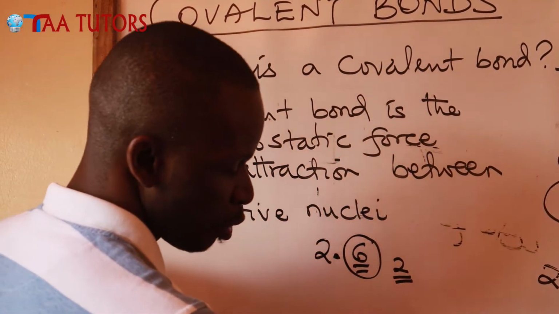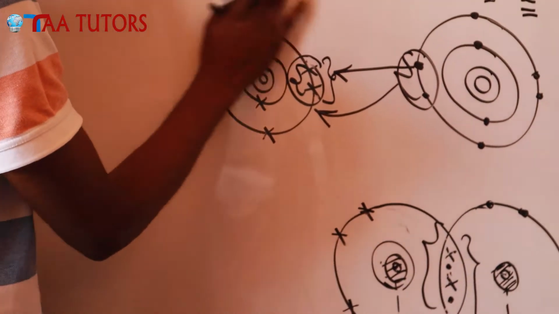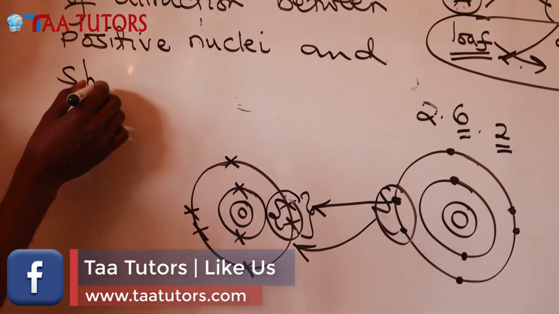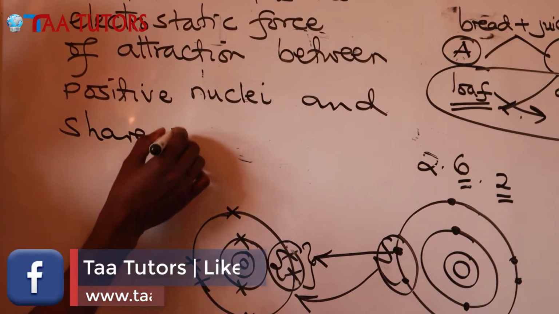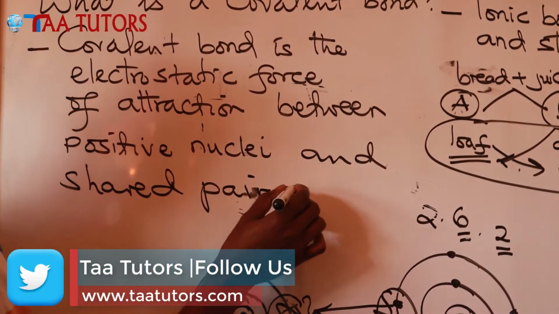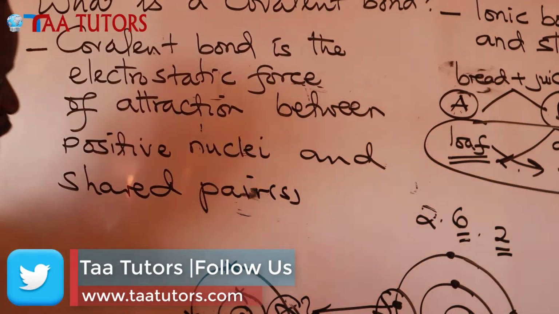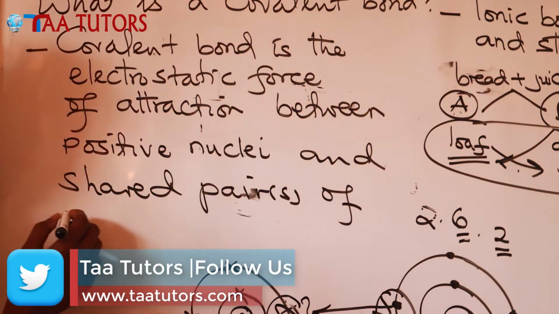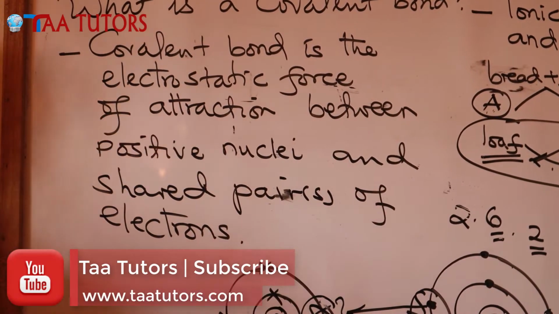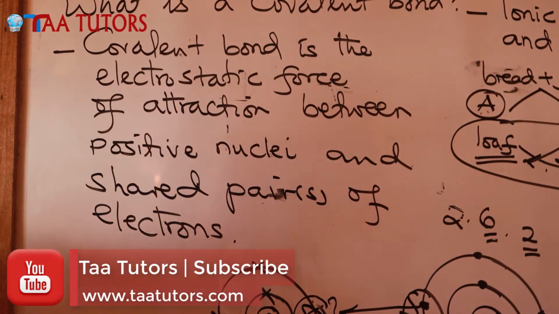In this case, probably 2. They could be 3 or 4. Positive nuclei and shared pair. It could be pair or pairs, like in this case, we have pairs of electrons. So mostly students, if you ask them to define what a covalent bond is, most of them cannot be able to say.